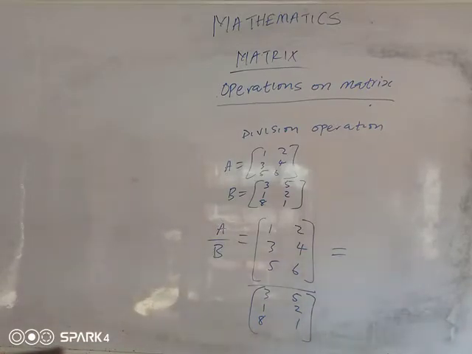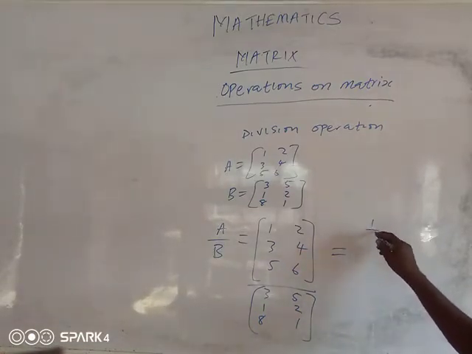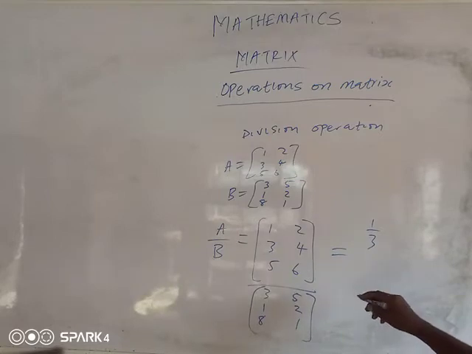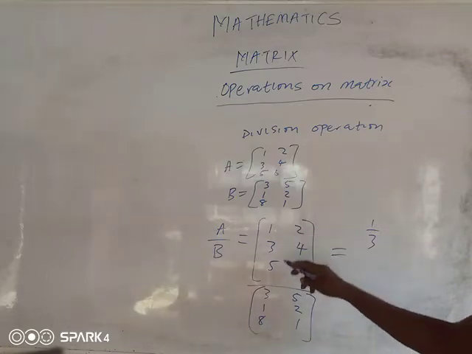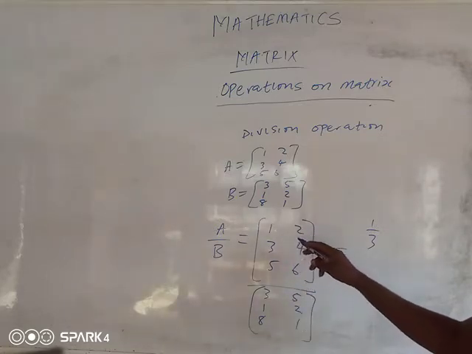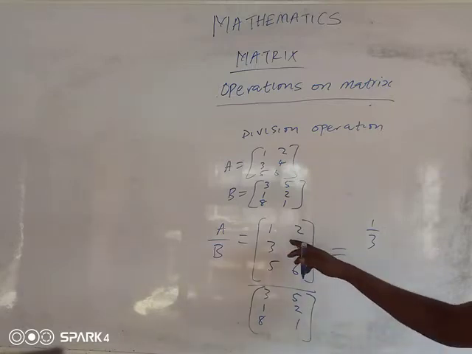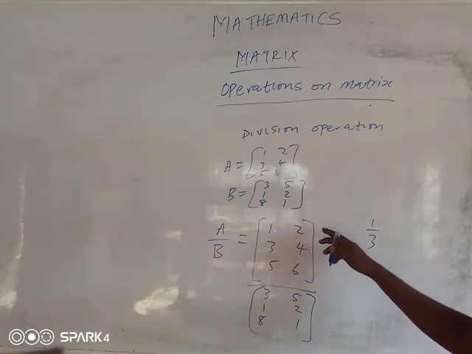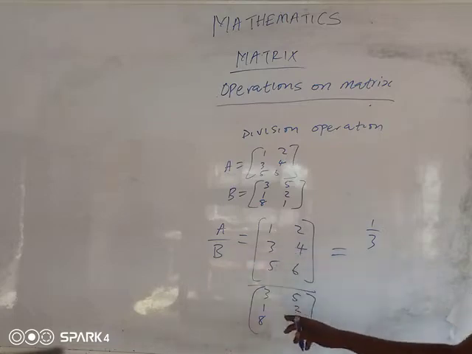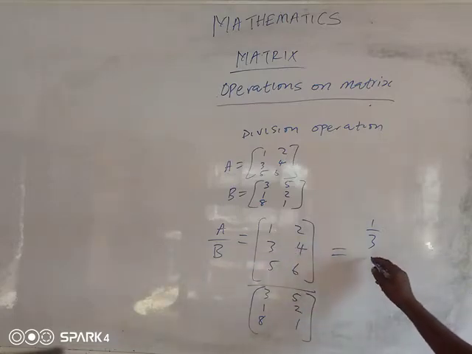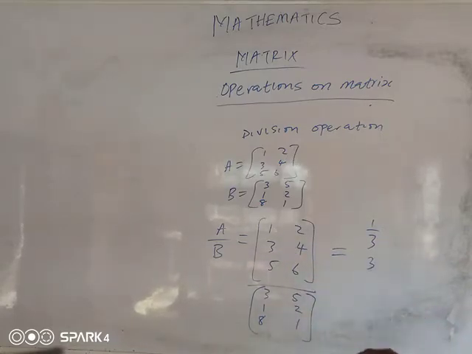So we are going to have 1 over 3. That is A divided by B, so 1 over 3. The next thing is 3 over 1. Yes, 3 over 1 is 3.